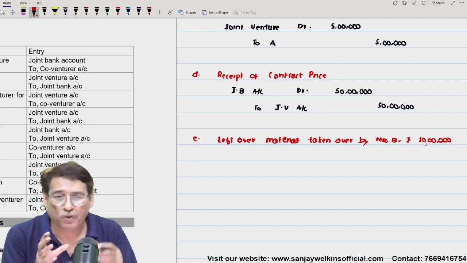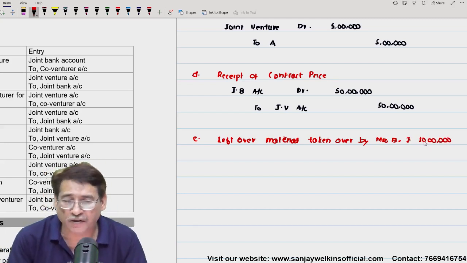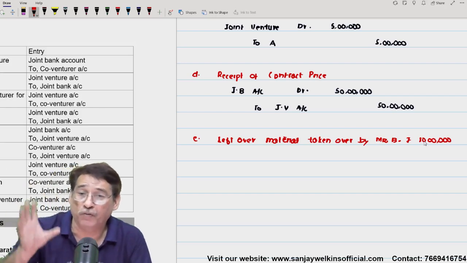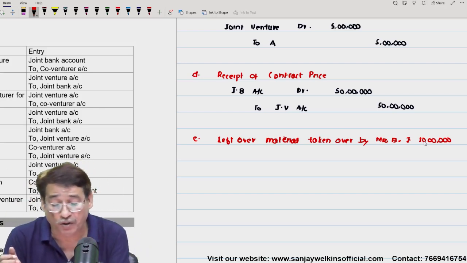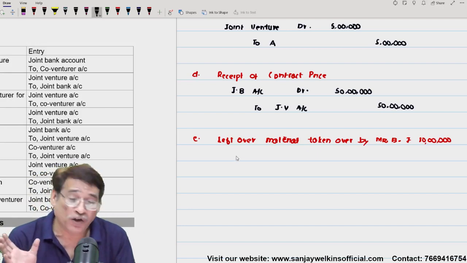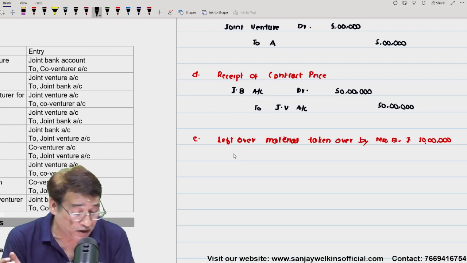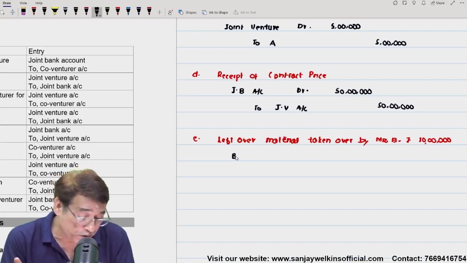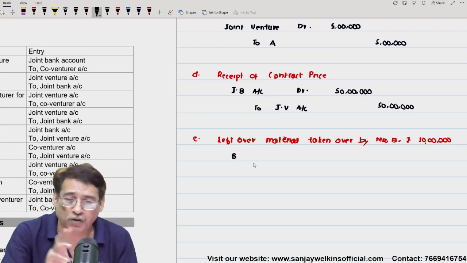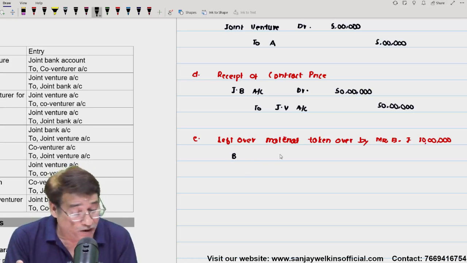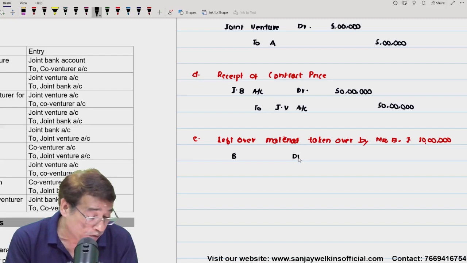So if it is given in the question that some leftover material has been taken over by a particular co-venturer, your entry in this case will be, because Mr. B is taking over the material, you are going to debit Mr. B. You are the accountant of this particular firm, correct? This particular firm is this particular co-ventureship. So B account debit.